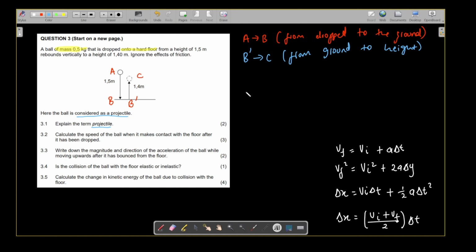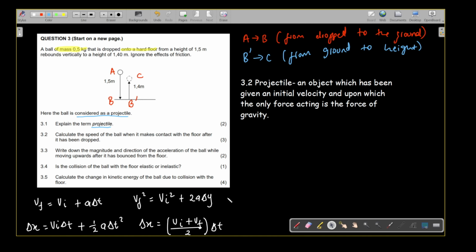So that is what you probably want to write there. That is the definition.